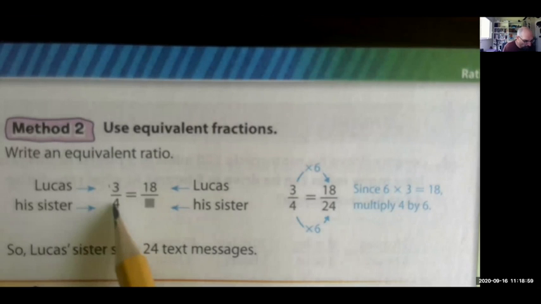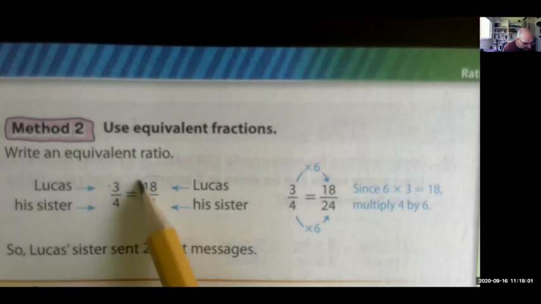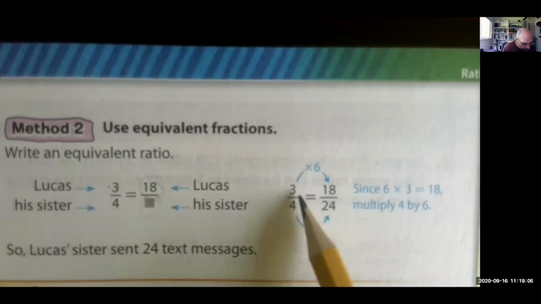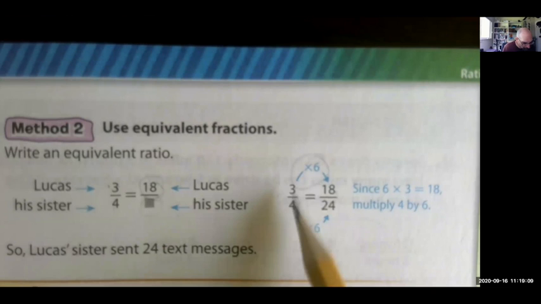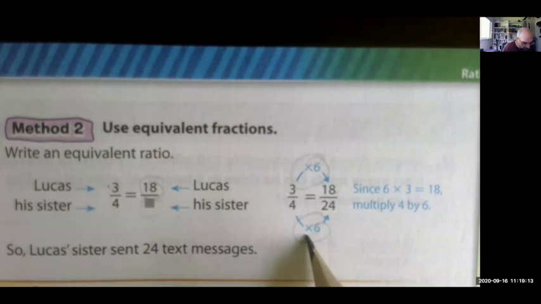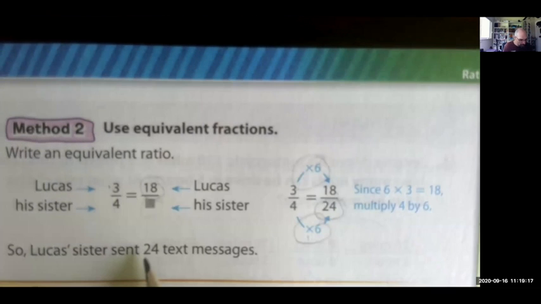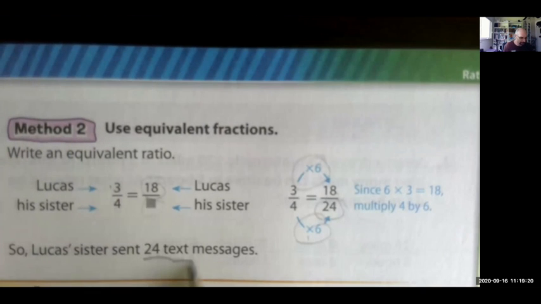So it's 3 to 4. And now if Lucas sent 18, what did his sister send? So we know that 3 times 6 is 18. And if we do times 6 on the top, we have to do times 6 on the bottom. 4 times 6 is 24. So that means that his sister sent 24 text messages.